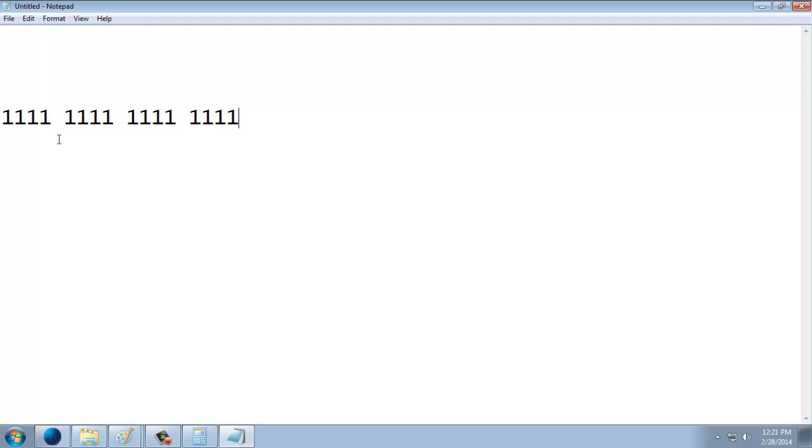Now this is a 4-bit number. Alright, it's a 4-bit binary number. This is a 4-bit binary number.